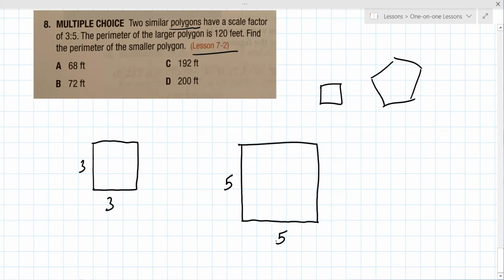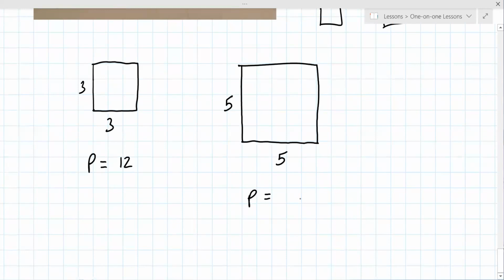Okay. So do you see that they have a scale factor of 3 to 5? Yes. So what's the perimeter of the one on the left here? 12. And what's the one on the right? 20. What's the ratio? What's 20 divided by 12? What does that simplify to?